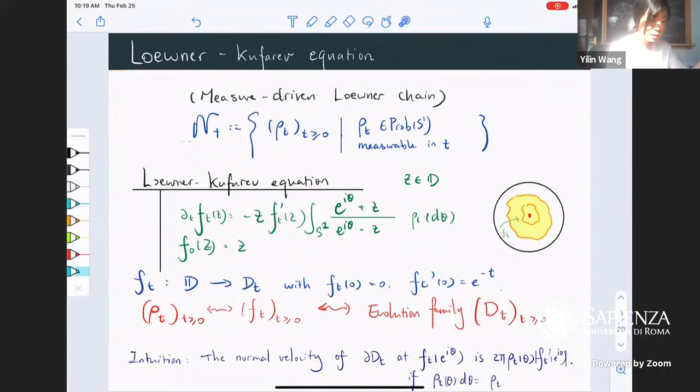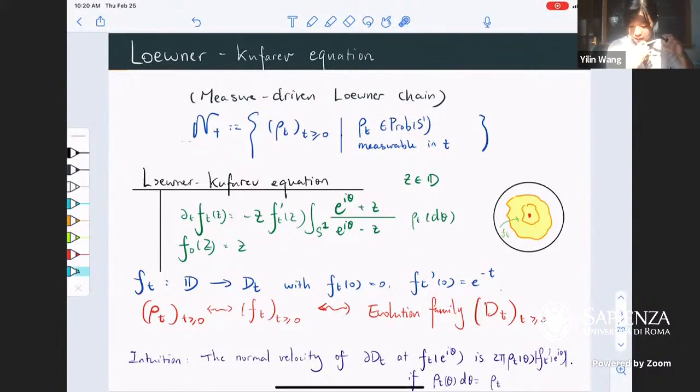So rho doesn't have to be supported on the whole circle, it can be 0 at any place, and that will be the place where the interface doesn't move. And where it is positive, your domain will be pushed inside. And the normalization, such that they're all probability measures, ensures that the conformal radius decays like exponential minus t.